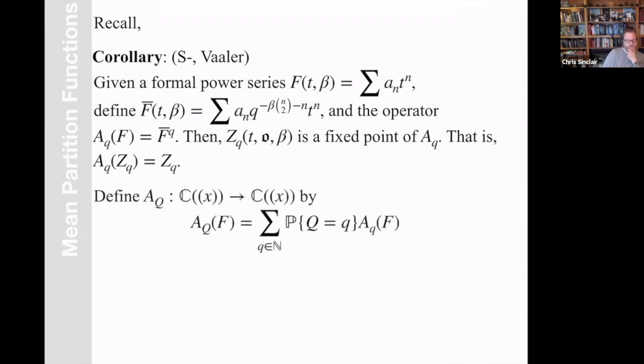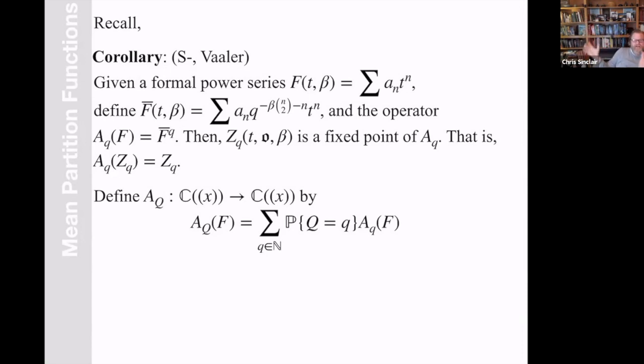So now what I'm going to do is I have a law for q, right? I know capital Q is a random variable. And what I'm going to do is essentially make a linear combination of those operators from before. In fact, it's going to be a convex linear combination of those operators from before, because the sum of all of these p, the probability that Q equals little q, sums up to 1. Right? So I have these operators, essentially one for every integer q, because remember, I could extend it off of the prime powers, right?